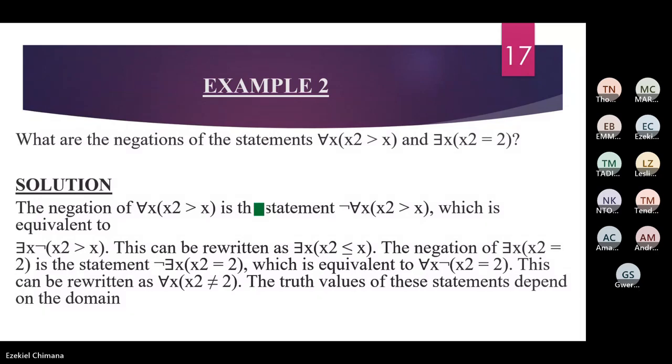This can be written as there exists x such that x squared is less than or equal to x. The negation of there exists x such that x squared equals 2 is the statement negation of there exists x, x squared equals 2.